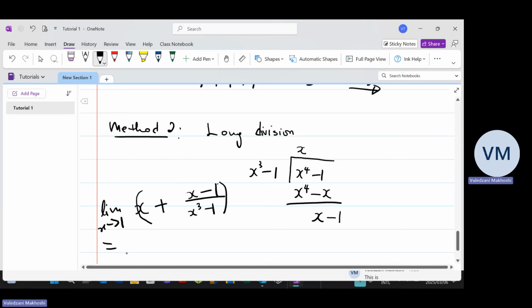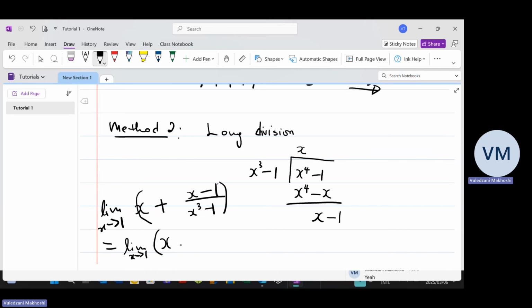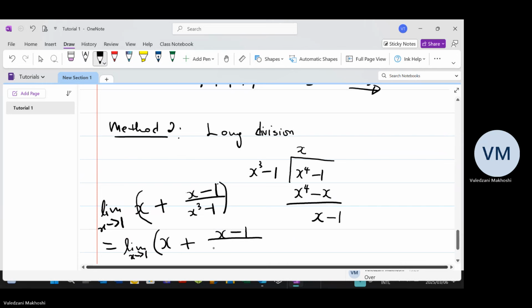This is the same thing as the limit x is approaching 1 of x plus x minus 1 over x minus 1 into x squared plus x plus 1, like that.